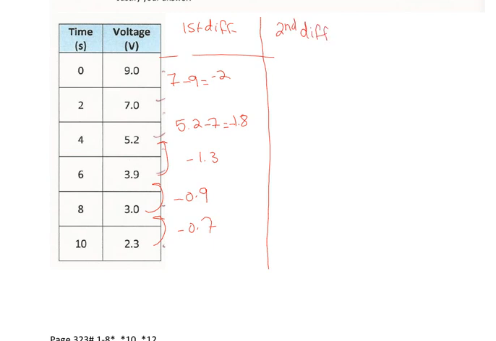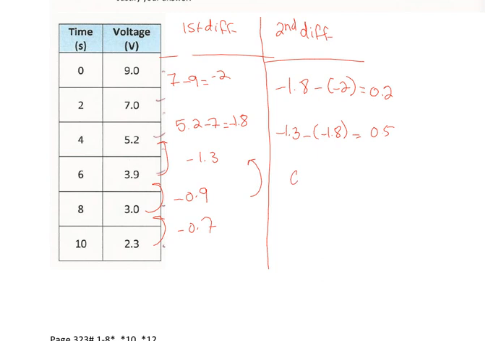And for the second difference, you're going to subtract negative 1.8 minus negative 2. So that's going to be 0.2. And then you're going to do negative 1.3 minus negative 1.8. So that's going to be 0.5. And then when I do 0.9 minus negative 1.3, that's going to be 0.4.